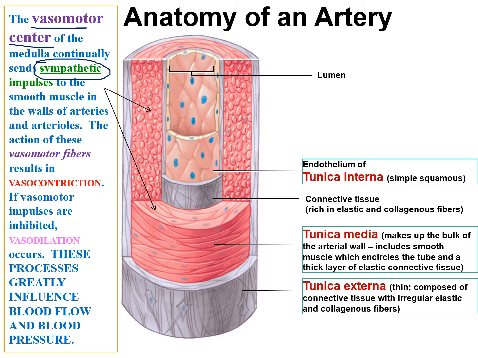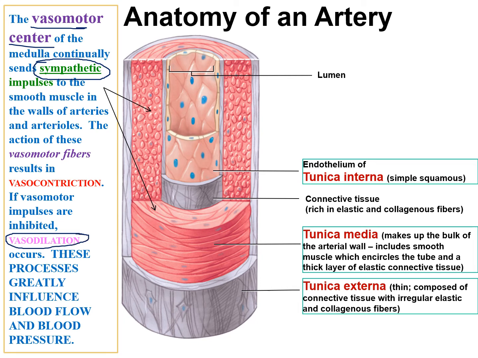Now, if we were to inhibit those sympathetic impulses, to let up on the accelerator, if you will, that's going to slow blood flow in the blood vessel. How does that happen? Well, instead of having constriction, if we inhibit those sympathetic impulses, that's going to cause relaxation of the smooth muscle and induce what's called vasodilation.